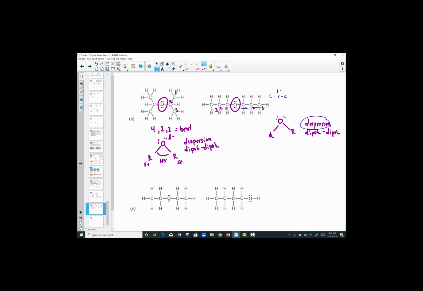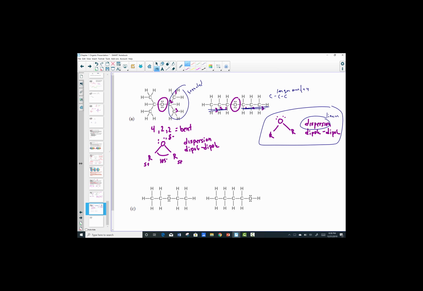All in a row is a larger surface area for those molecules to interact. This is balled up. So since it's branched, those molecules have less of an opportunity to interact with one another. So therefore, the higher boiling point is the linear ether. That's the functional group here. This would be dipropyl ether, and therefore this would have the higher boiling point because it has the longer carbon chain on either side of the oxygen.